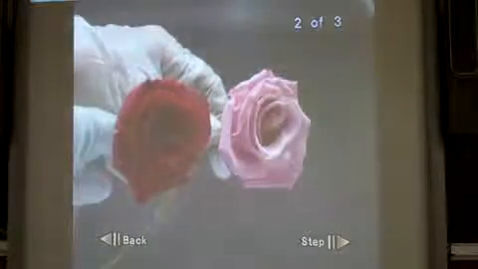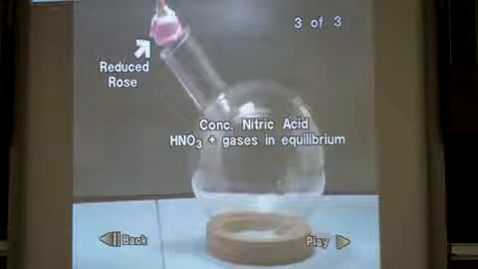Is that how they make pink roses in the florist? No, that's genetics. But chemistry, we can now take that rose and plunge it into, if you missed it, that was nitric acid now. Now we're in nitric acid.